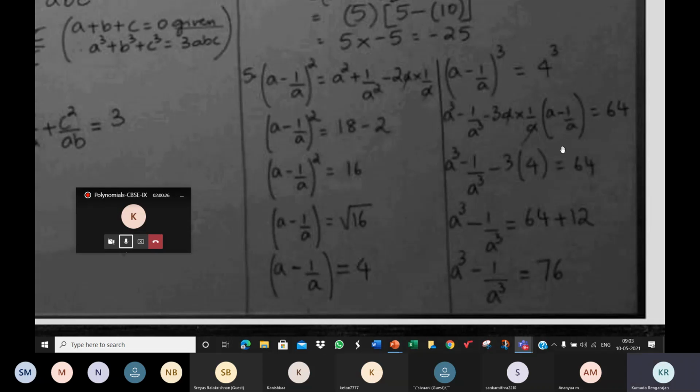And here you know the value of a minus 1 by a is 4. So on substituting that and transposing, we get a cubed minus 1 by a cubed is 76.